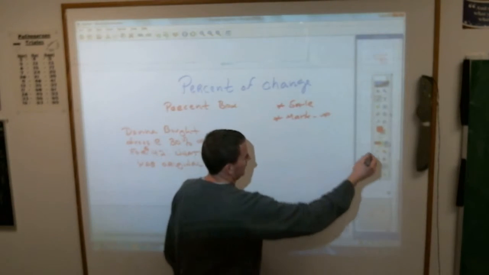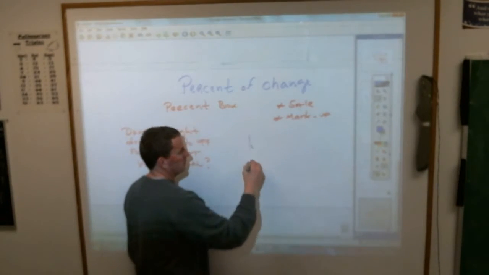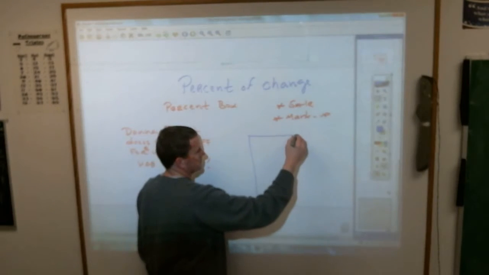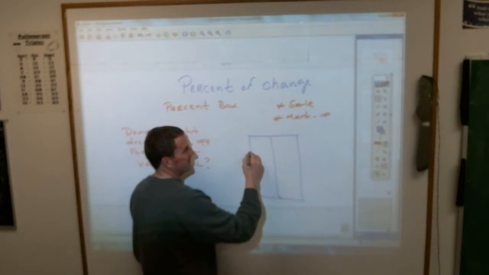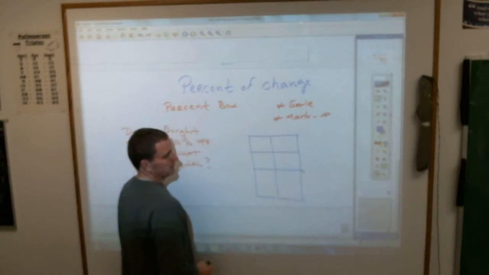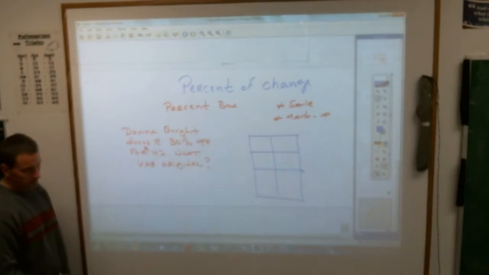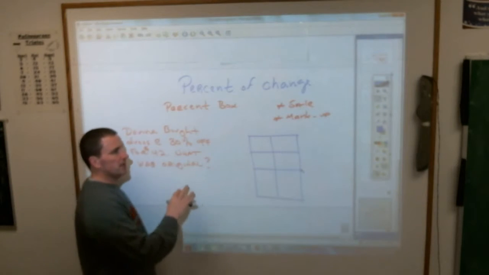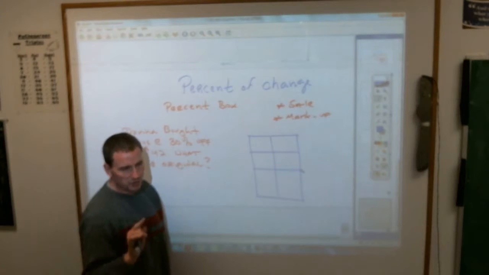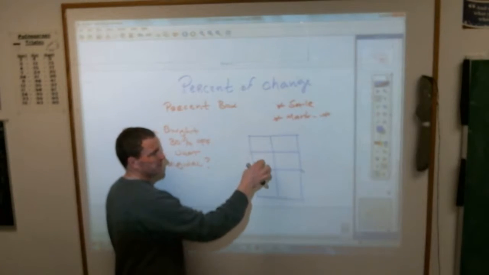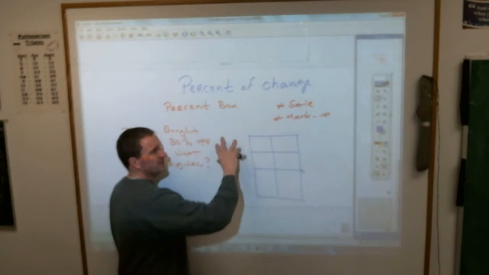Now, here is how it works. You are going to draw a ratio slash percent box, and it's always going to have 3 compartments. When it's a markup, markdown, sale sort of thing, the only thing that's different is, we used to do a percent plus percent equals total percent, but not with this.